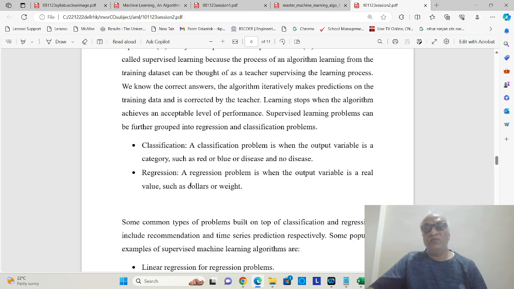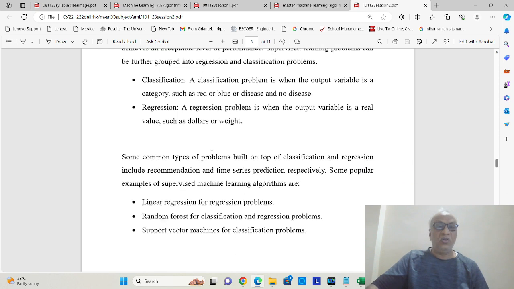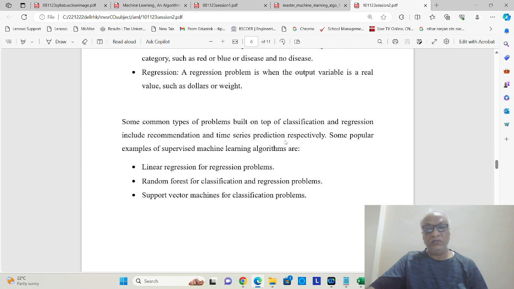Or regression problems, where the output is a real value such as weight in kilograms or dollars. Problems such as recommendation systems and time series predictions fall under classification and regression.